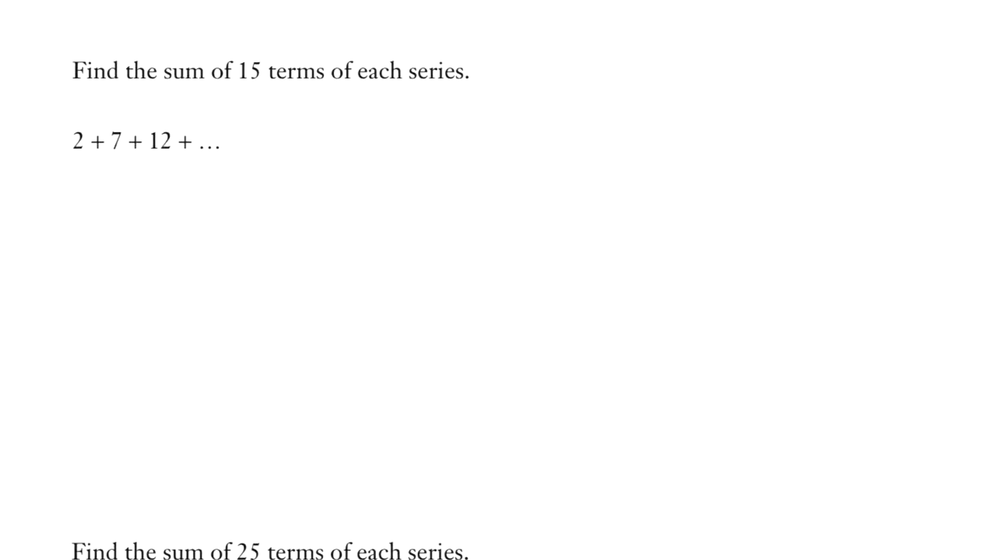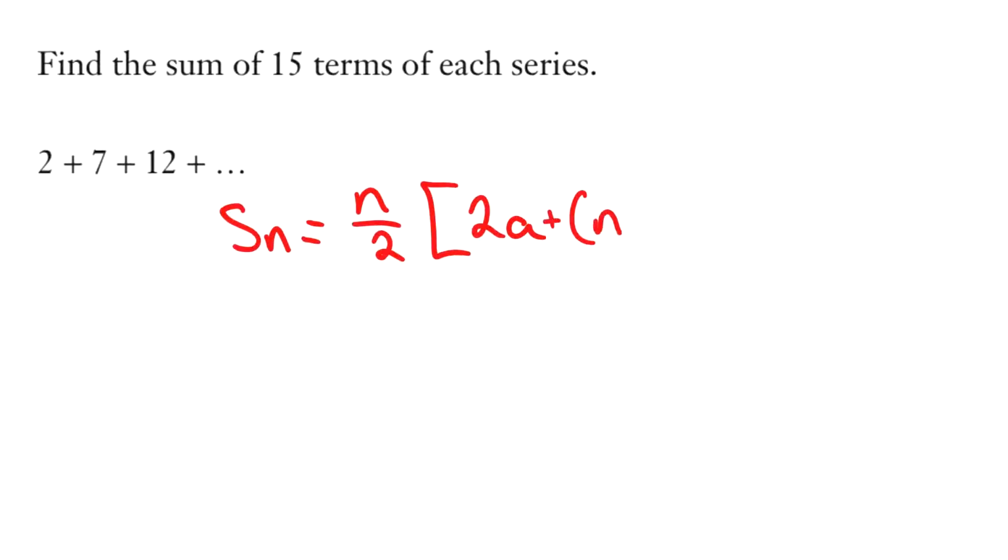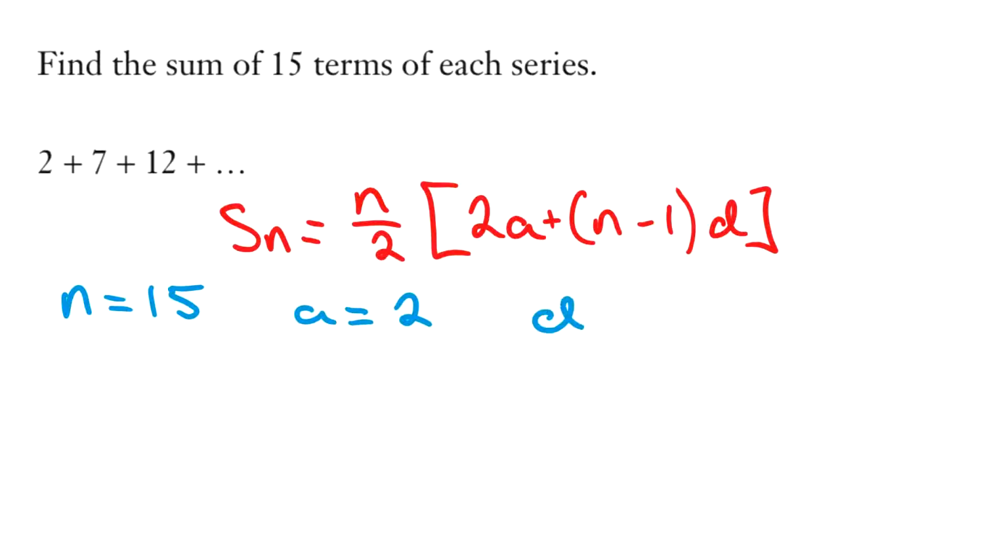Because we're not given the last term here, we're going to be using our second formula. And as in a previous example video, you always should be writing down what the question gives you. In our case, we know n is going to be 15. We know our starting term is 2. And the common difference can be found by using term 2 take away term 1.